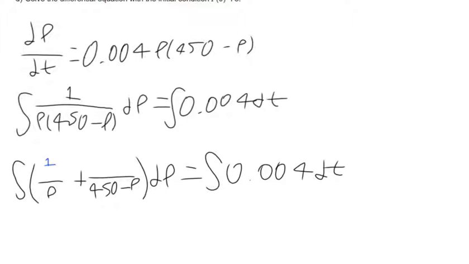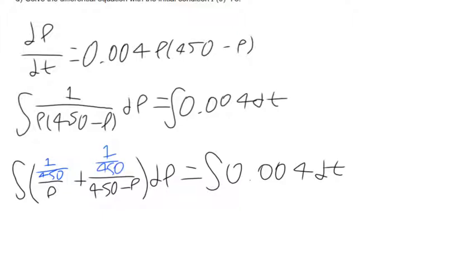It's going to be 1 over 450. Then for this one, I have to use this factor and set it equal to 0. So that means I need to use p equals 450. Then I will cover this one up and plug p equals 450 into these. And when I do that, I will get 1 over 450. So that will be my numerator right here.